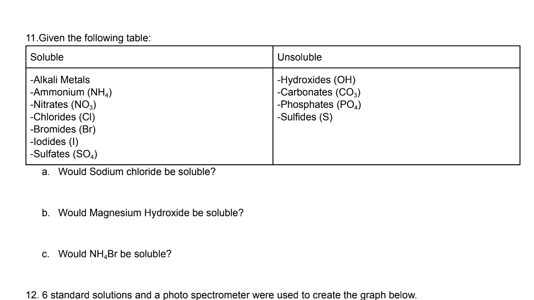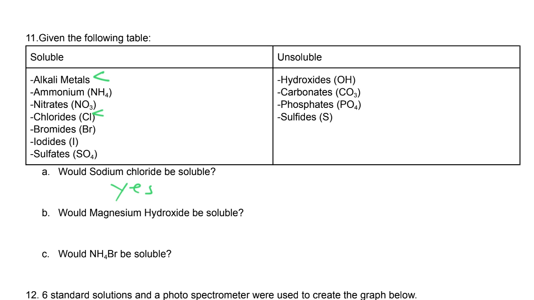All right, number 11, 11A, would sodium chloride be soluble? So we have to look for the parts of this ionic compound in our table here, and we see it actually has two. It is an alkali metal, because sodium is in group 1, which is the alkali metals, and it is a chloride, so it's doubly soluble. So would sodium chloride be soluble? Yes. How about magnesium hydroxide? So magnesium's not alkali, it's in group 2.